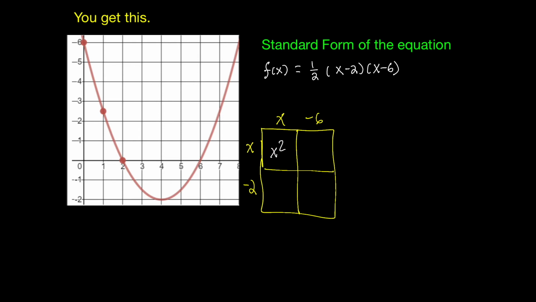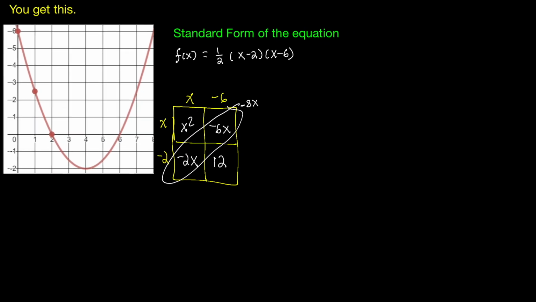X multiplied with negative 6, that's negative 6x. Negative 2 multiplied with x, that's negative 2x. And negative 2 multiplied with negative 6, that's positive 12. Now I'm going to combine the diagonals since these are like terms, and negative 2x minus 6x, that's going to give me a negative 8x.